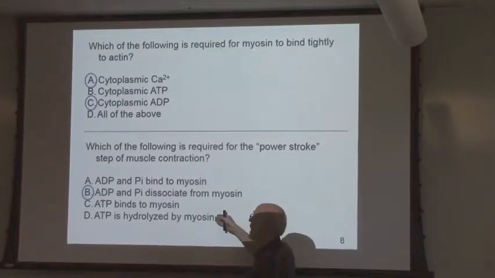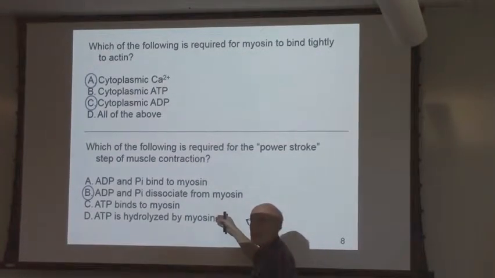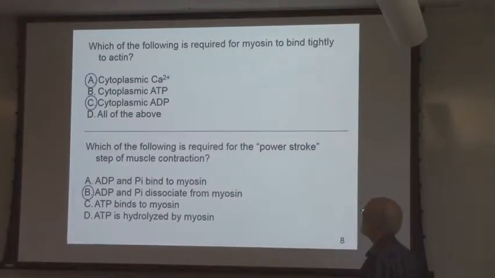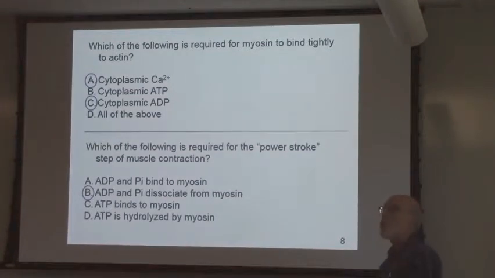When ATP is hydrolyzed by myosin, what happens? Because I could write another exam question that was just like this, except for which of the following is required for the myosin to undergo the conformational change from angled to extended.